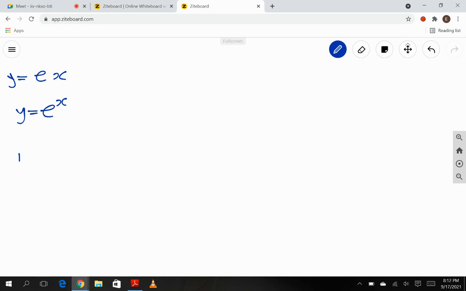For the first one, you've got e and that. Now remember, e is a number, e is a constant. That's why if you've got e and you're told to find the derivative of this, you know what the answer is?